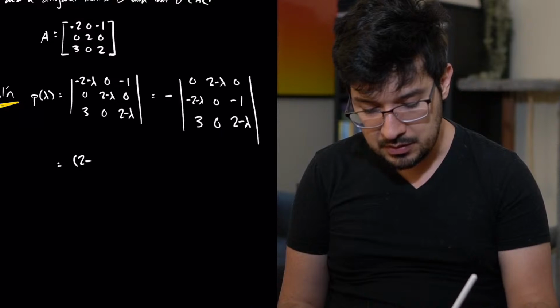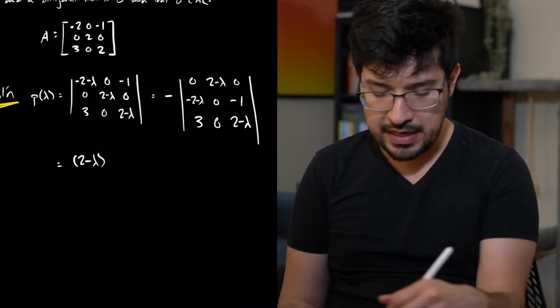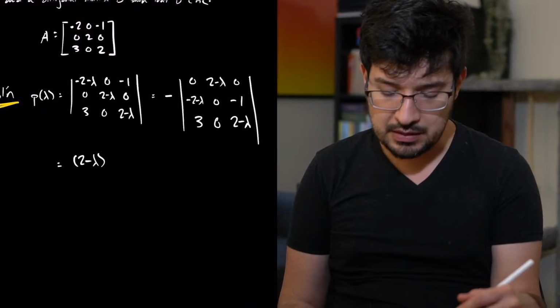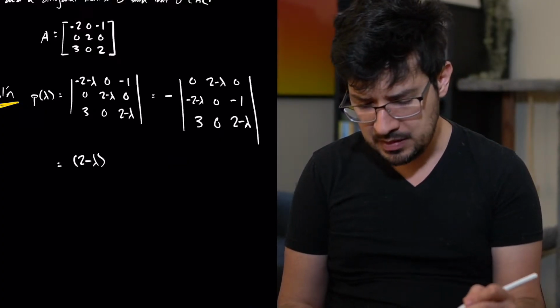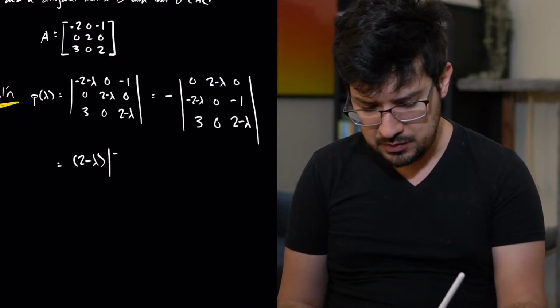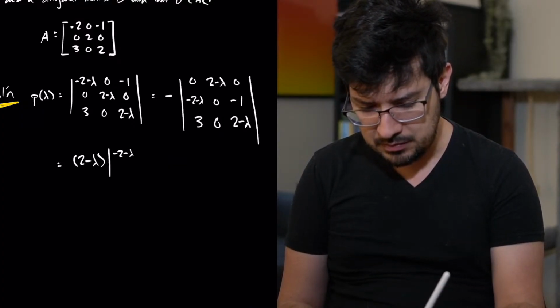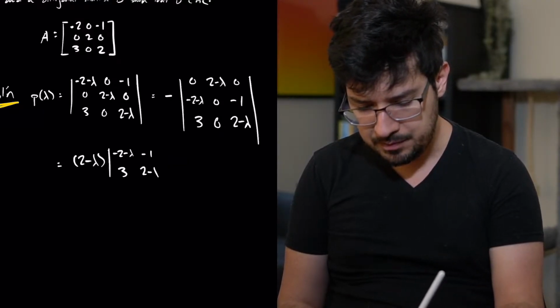Okay, so we have the alternating sign, which cancels out with the sign in front of the determinant, times -2 minus lambda, -1, 3, 2 minus lambda.